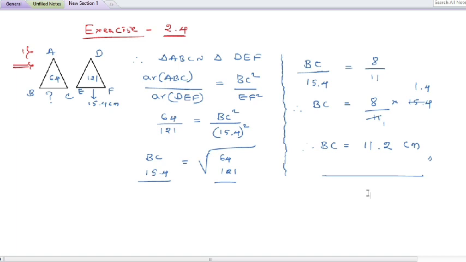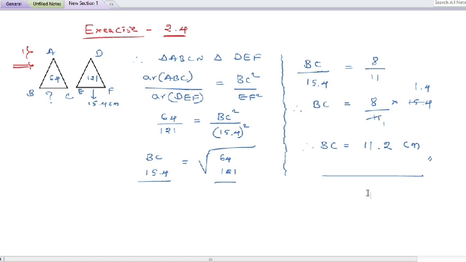The first problem is, let triangle ABC be similar to triangle DEF and their areas be respectively 64 centimeter square and 121 centimeter square.